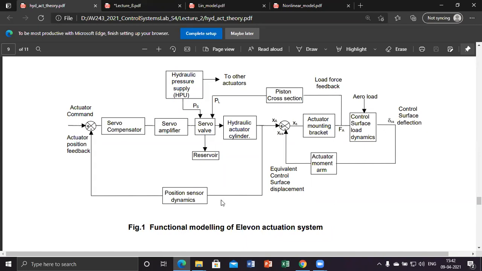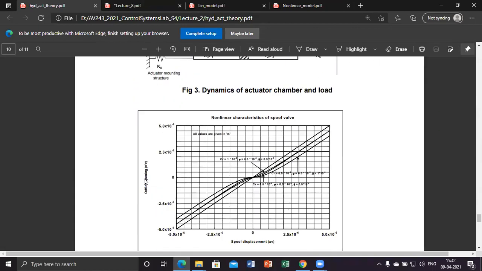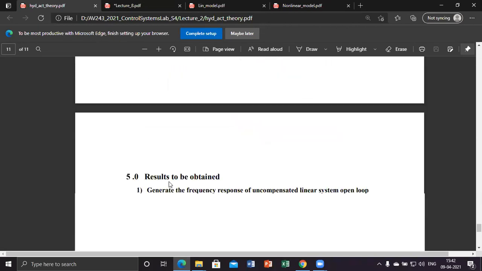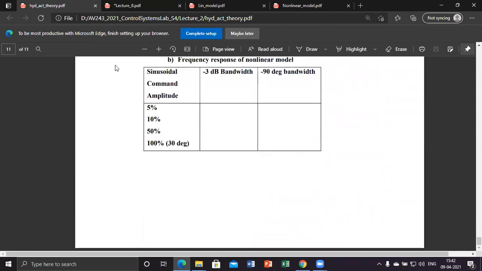Next to this, I will replace each of the functional blocks by its detailed mathematical model, and you will get separate blocks, and finally more elaborate diagrams.